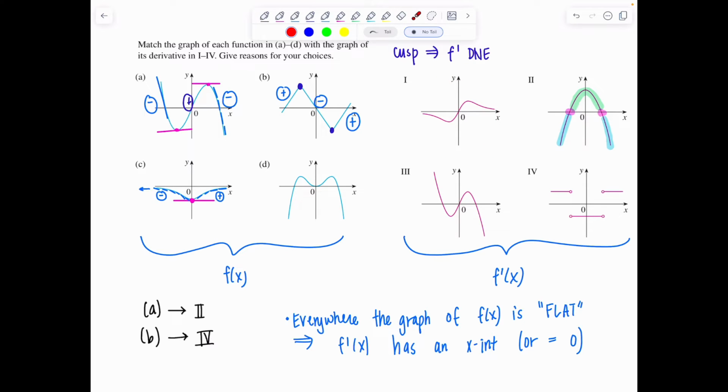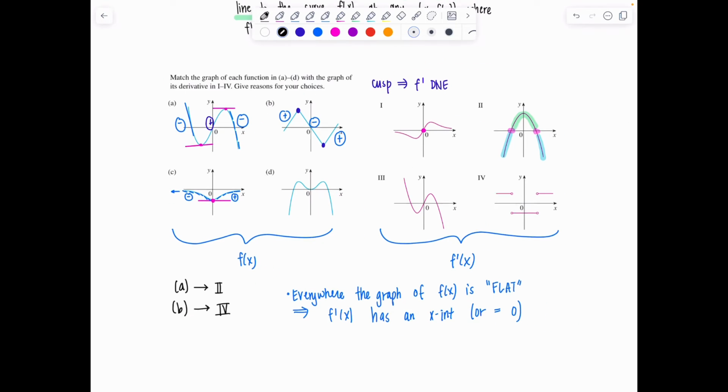So let's verify. It's equal to 0 at the origin. Notice here, the slopes are positive. They get more positive and then they flatten out. Over here, the slopes are negative. They get steeper and then they flatten out. So C goes with 1.